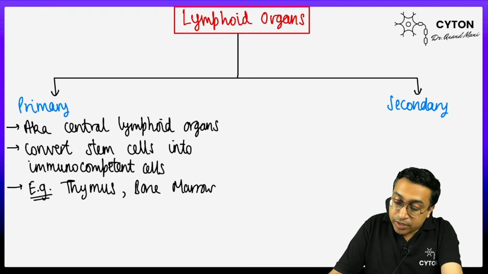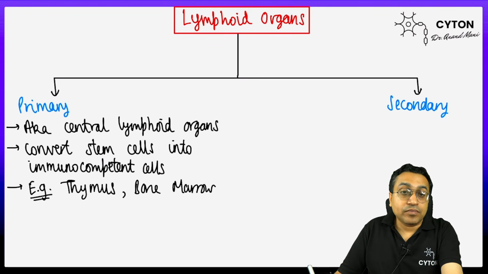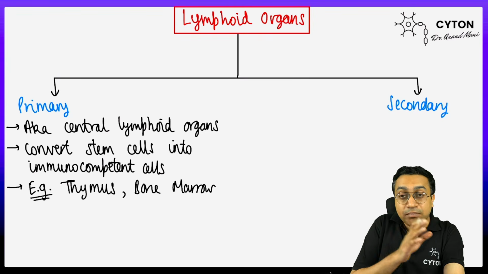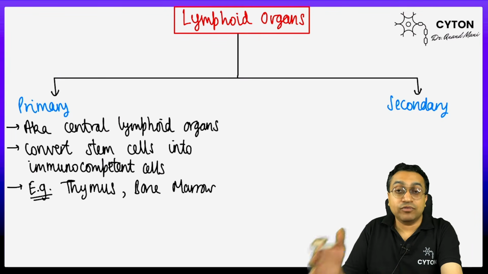Okay, then you have the secondary lymphoid organs, these organs which provide the exposure to the foreign antigen, and they convert the immature lymphocytes into the active lymphocytes, okay.